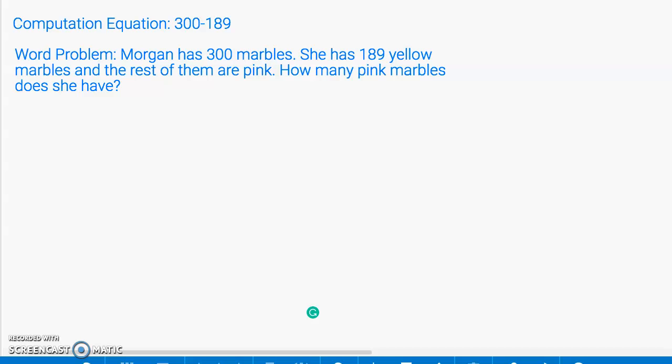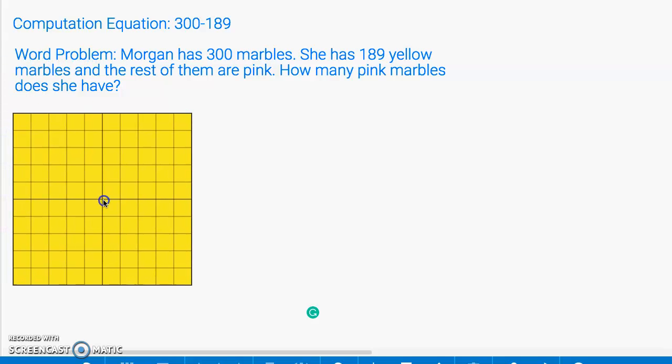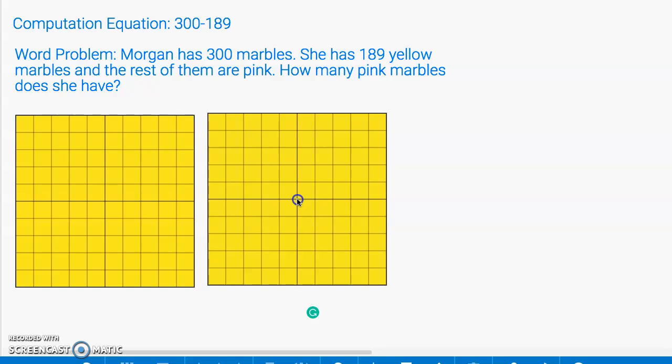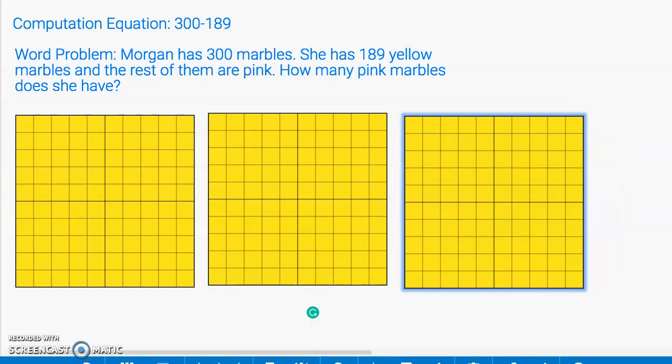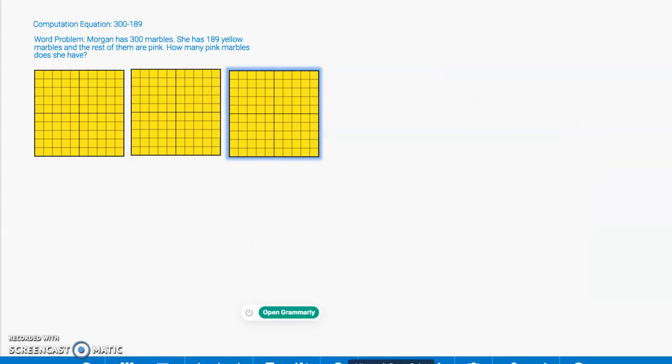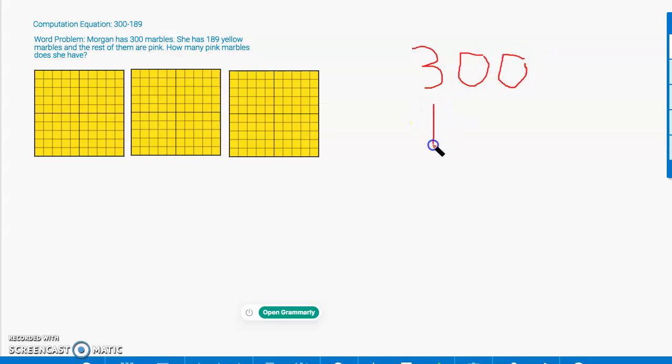So I'll begin by modeling the 300 with our virtual base 10 blocks. So now we have 300 modeled. And now I'm going to draw our problem, which is 300 minus 189.